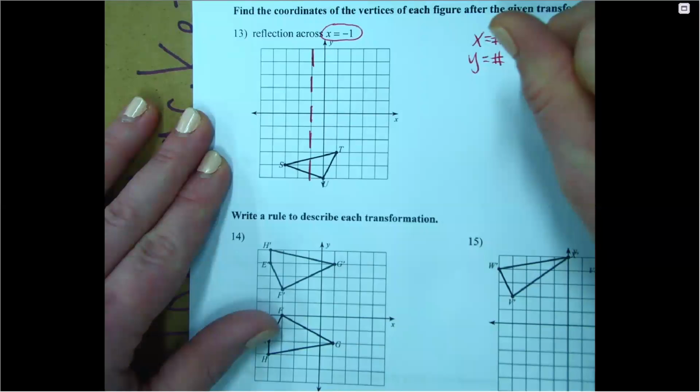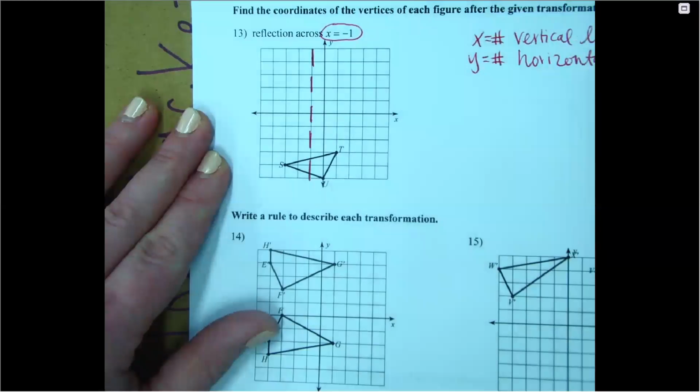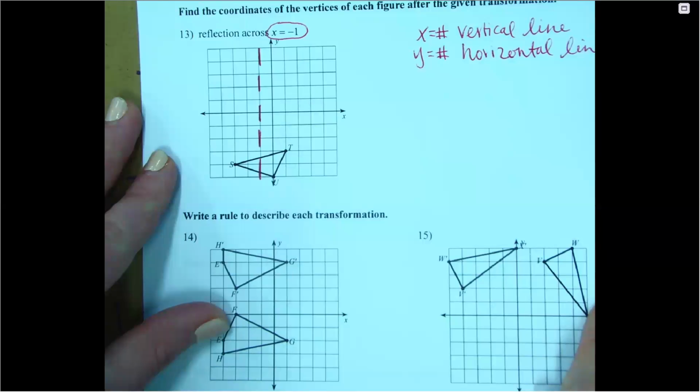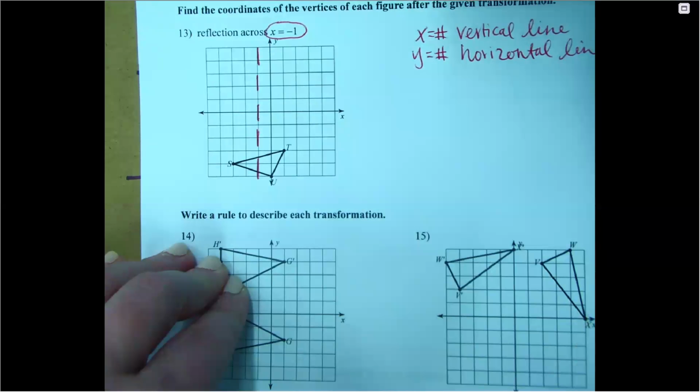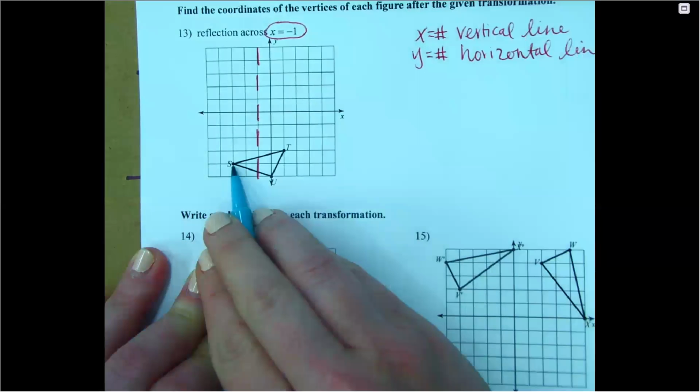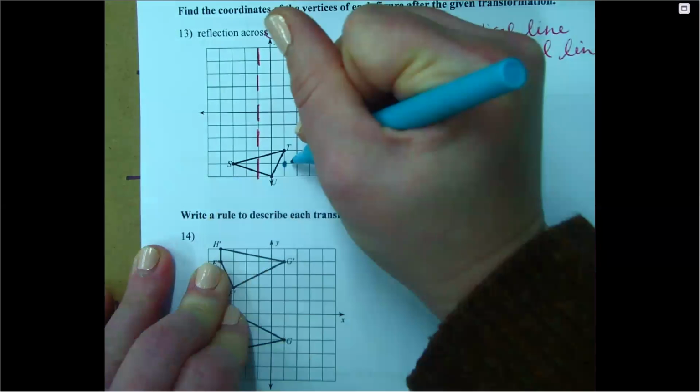So we've got our line there and we're reflecting across that. It's super easy, don't make it hard. S is 2 units to the left, so its reflection will be 2 units to the right. T is 2 units to the right, so its reflection will be 2 units to the left.